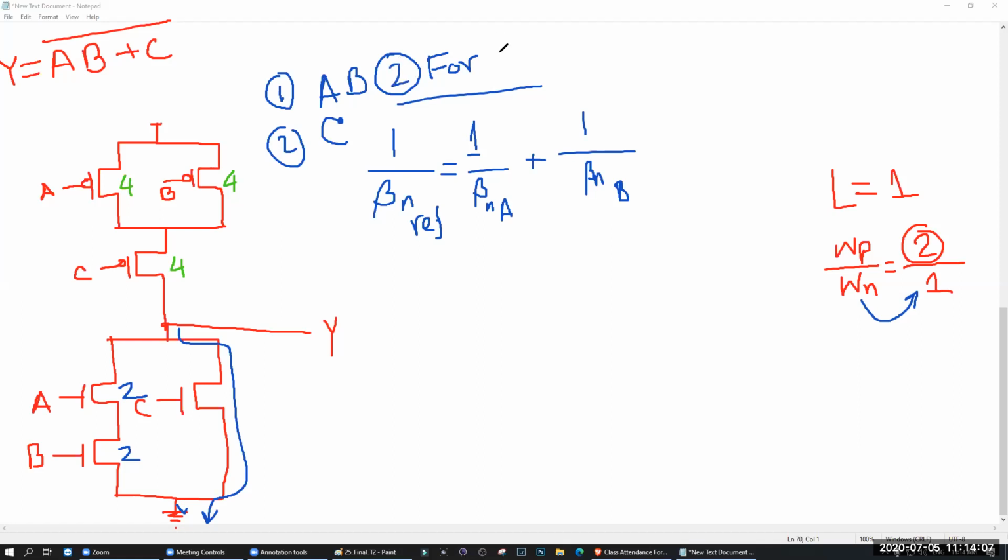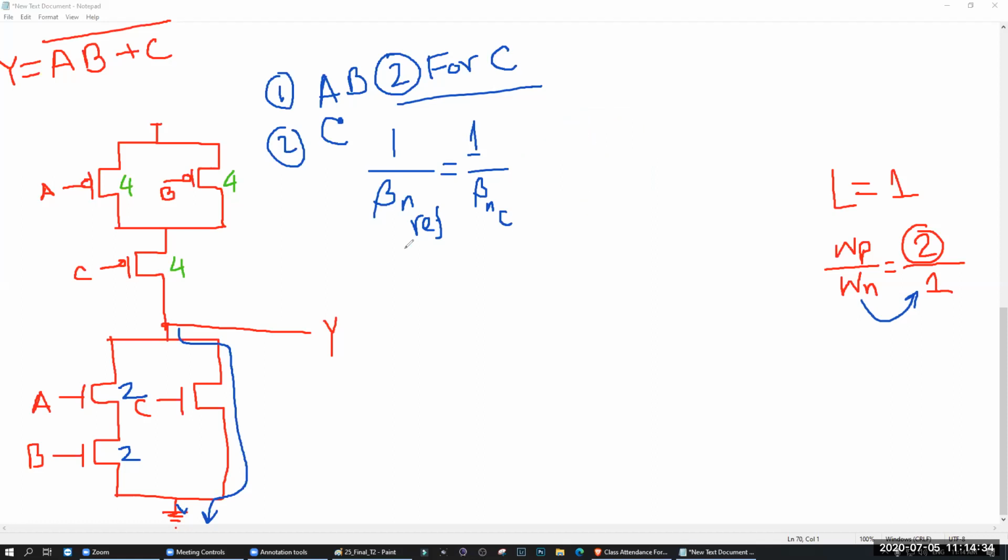For path C, what is the formula? 1 divided by beta n reference, 1 divided by beta n what? What will we have here? C. And do we need this? Because we have only one MOSFET. That's why we need only one. We do not need this.